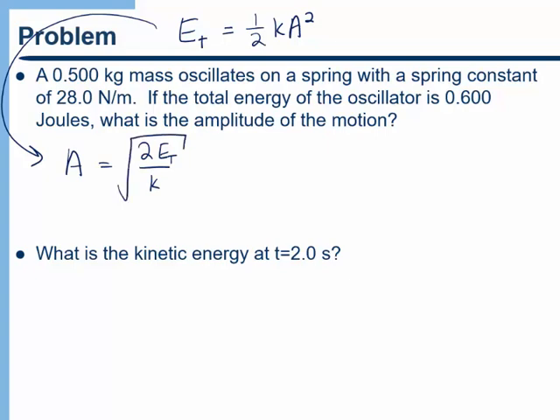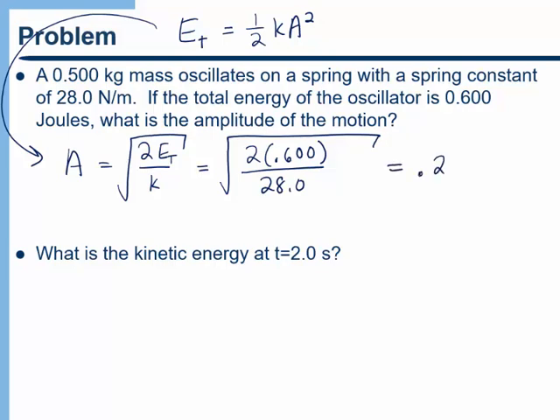And so I get the square root of 2 times 0.600 for the total energy divided by 28.0 newtons per meter. If you solve that, you should get that the amplitude is 0.207 meters.